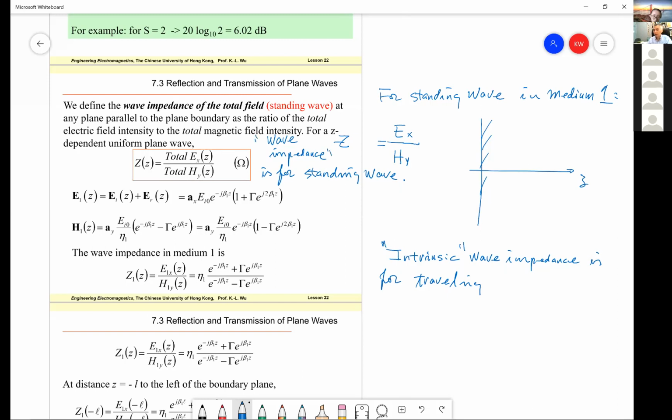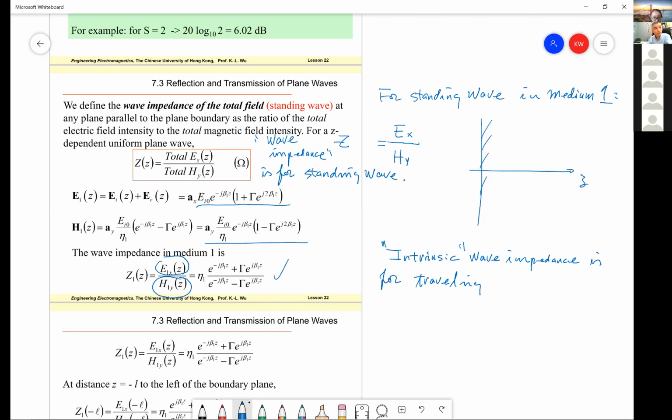Then when we have a total electric field and a total magnetic field, because we already have a mathematical expression for the E field and for the magnetic field, if we take a ratio of the magnitudes, the magnitude of the electric field in the x component and the magnitude of the magnetic field in the y component, we have a quite simple mathematical expression, right?